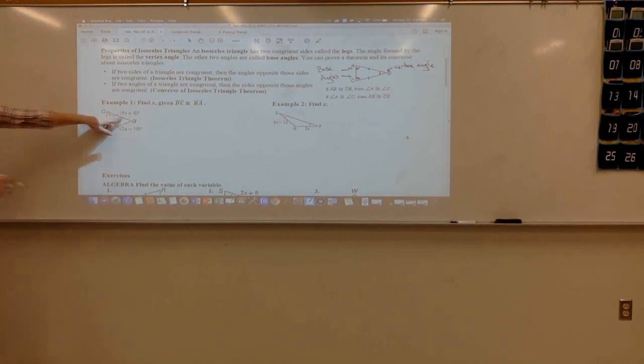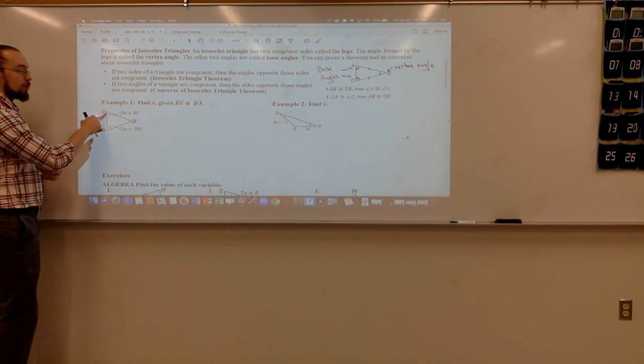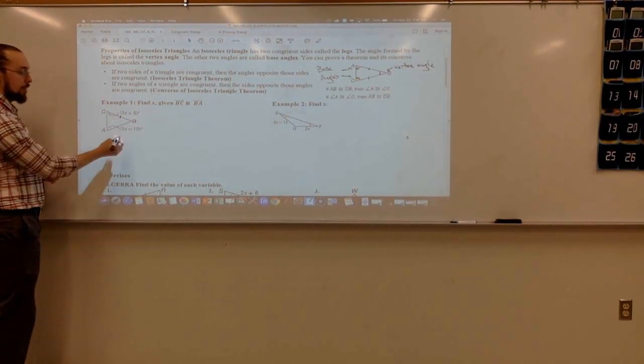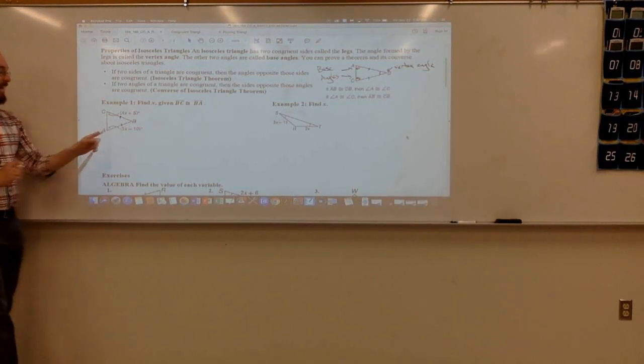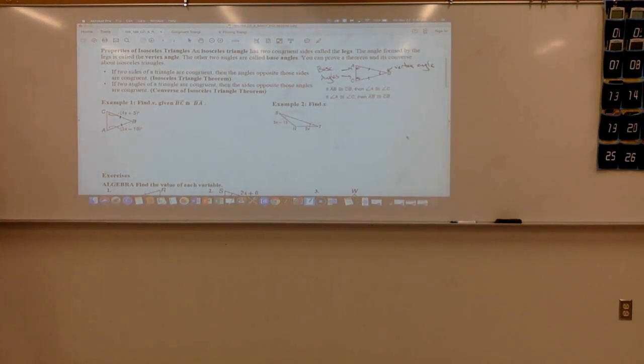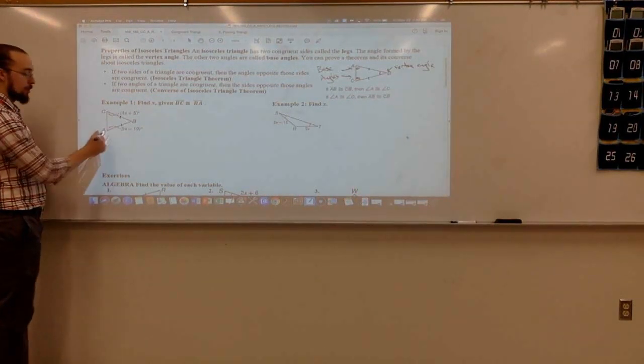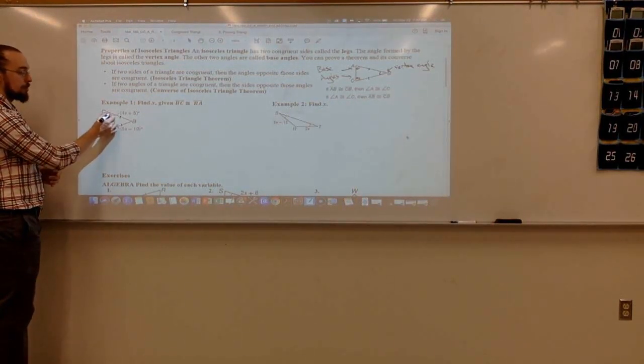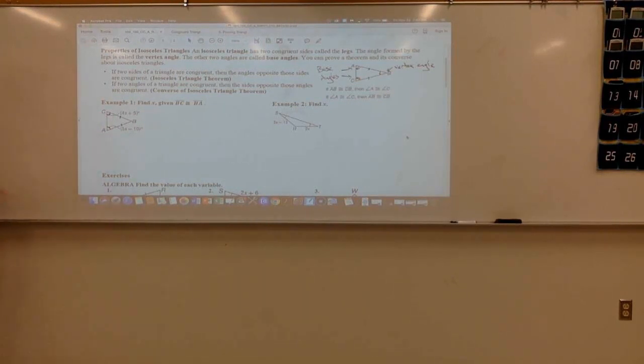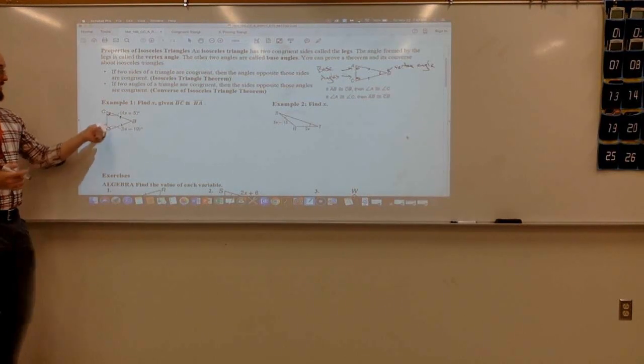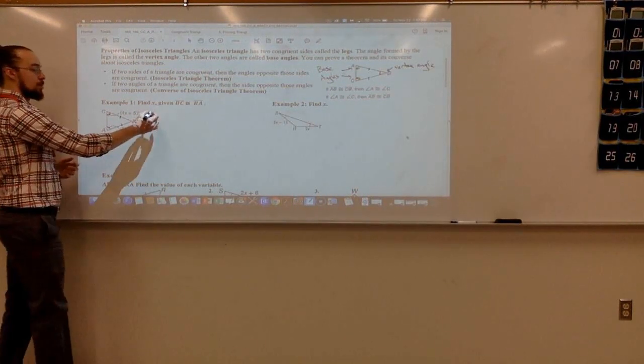Okay? So, in this first example, I'm told that BC and BA are congruent, and then I'm given information about the angles on the inside. Well, if I know that these two sides are congruent, that automatically means these two angles opposite them are congruent. So, to set up an equation here, I can set these two angles equal to each other.